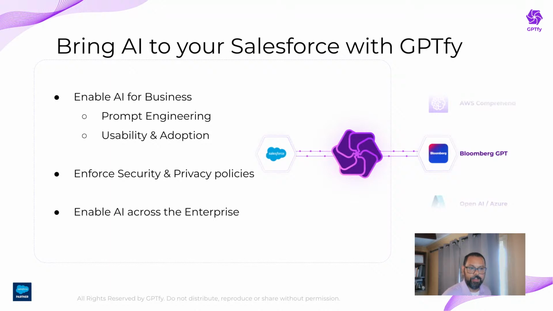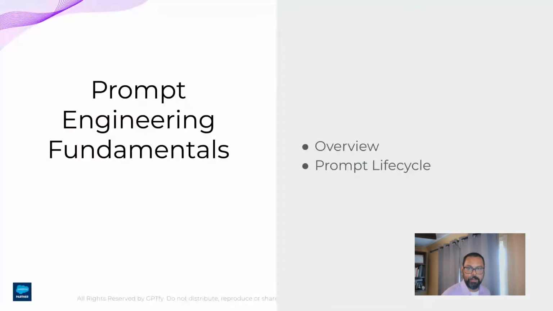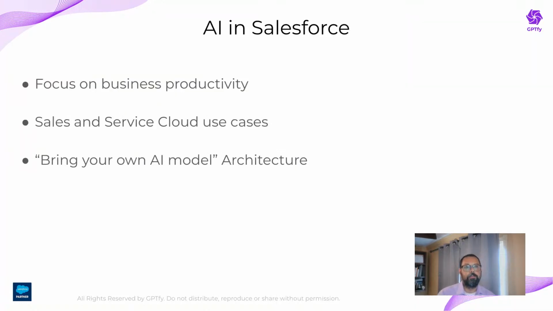So, with that out of the way, let's talk about prompt engineering fundamentals and really what we are talking about here at the intersection of technology and business value. The idea here is to focus on business productivity. So this conversation on prompt engineering is not about how to generate Apex code or something else from AI.